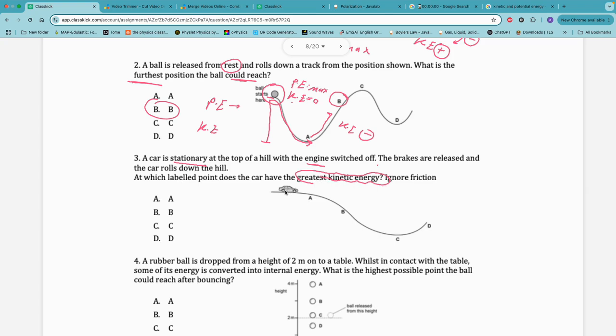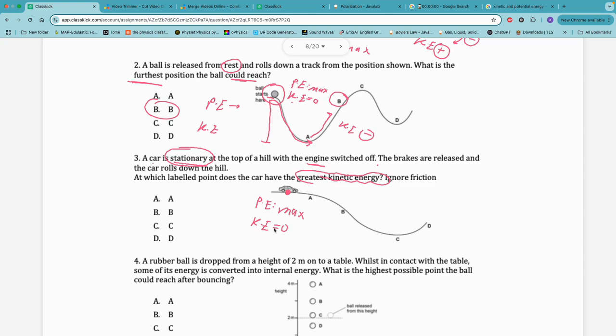So, as we agreed, at the top, potential energy is the greatest, has a maximum value, while kinetic energy is 0. Already we have our evidence, because the car is stationary at the top, like at rest.